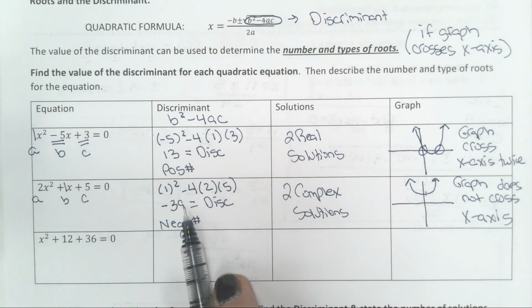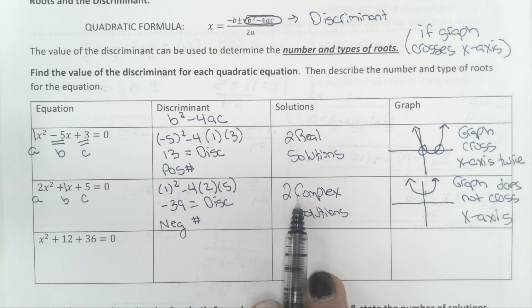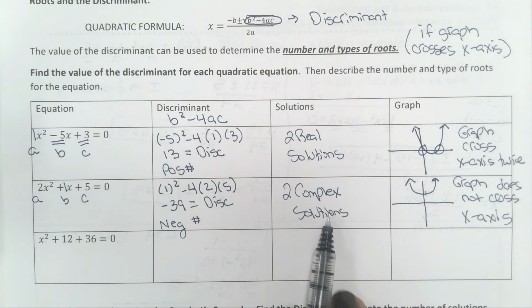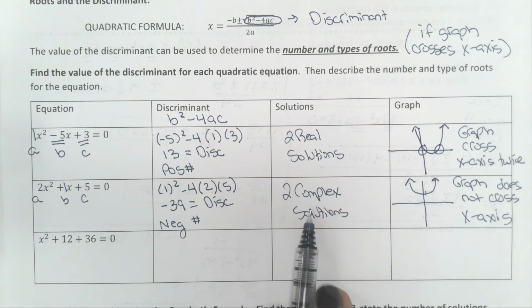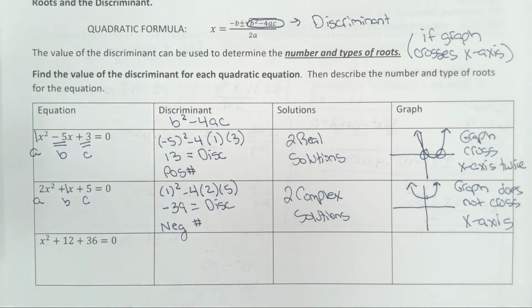So anytime your discriminant is a negative number, if on a test or a quiz it says what are the number and types of solutions you get, so you will get two solutions, but they are complex. Negative numbers, complex solutions.